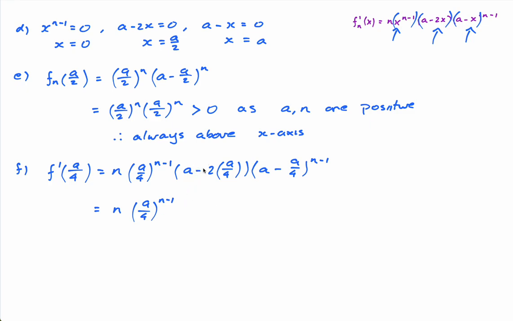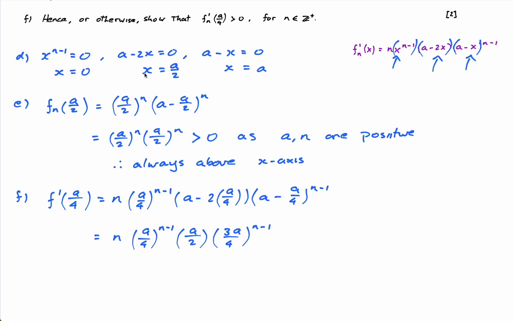This is just a minus 2a over 4, which is a minus a over 2, which is again a over 2. That's positive for sure. And finally, this is 3a over 4, because it's a minus a over 4 is 3a over 4 to the power of n minus 1. So this is positive.